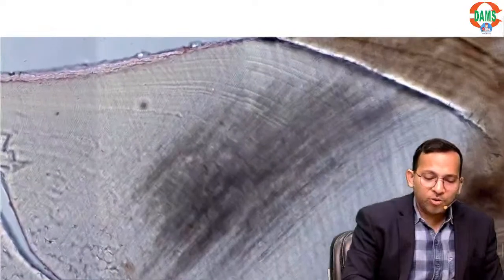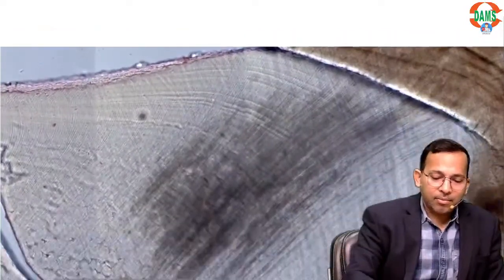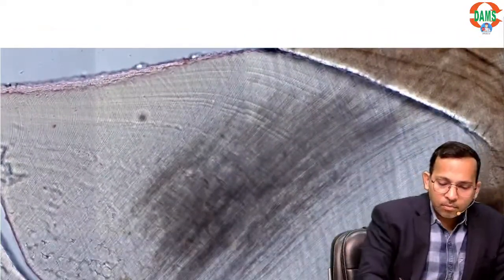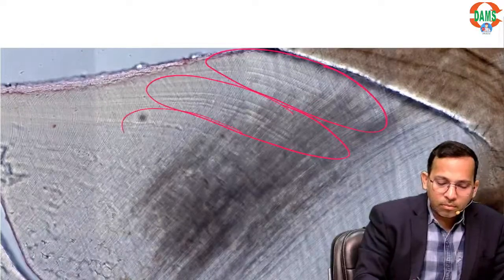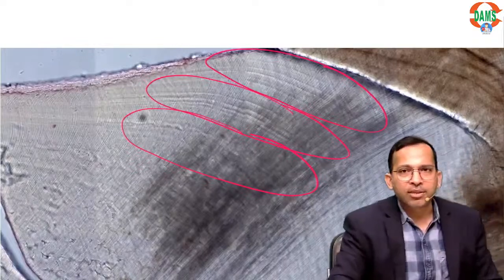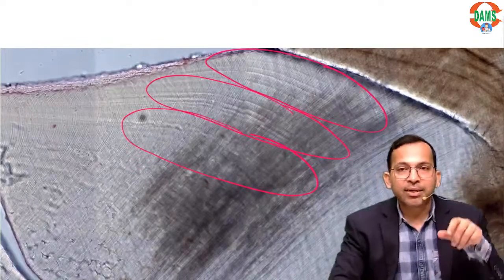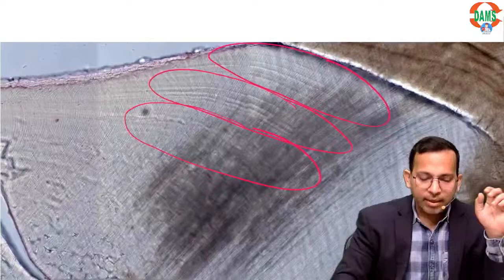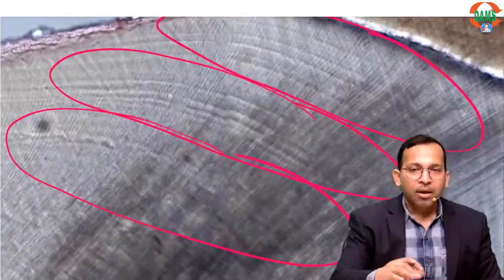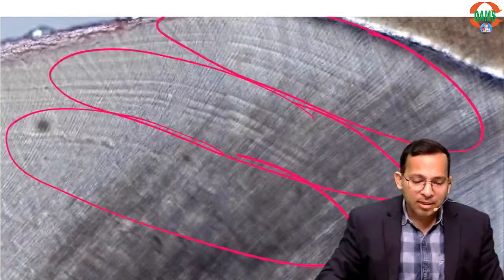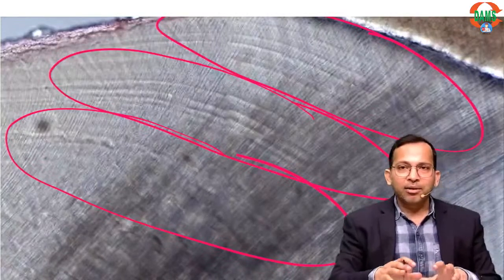What feature do you notice in this diagram? I have encircled certain features that are visible in this tissue, and I'll zoom in so that you can see them clearly.